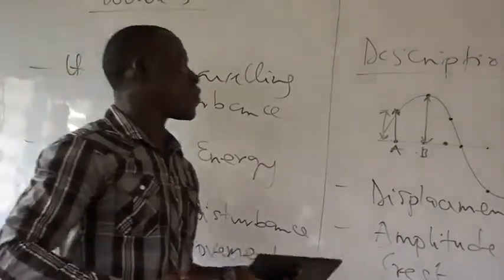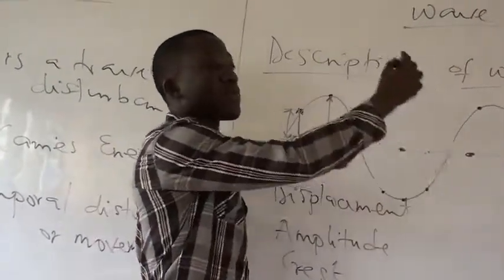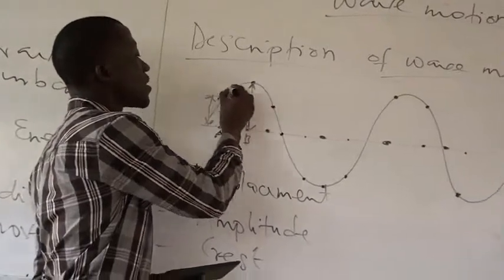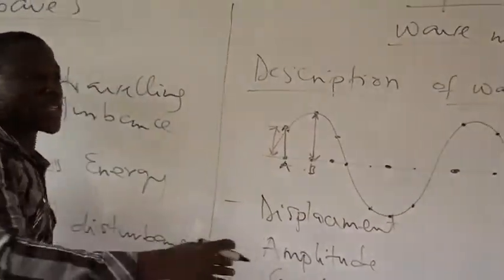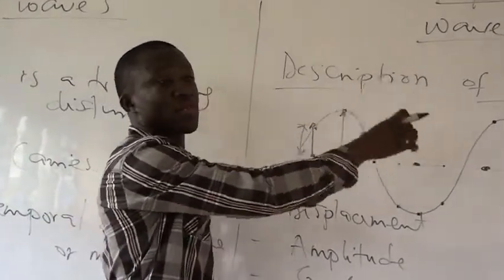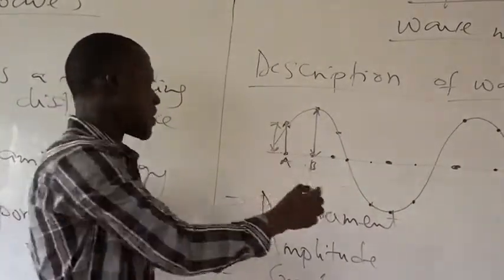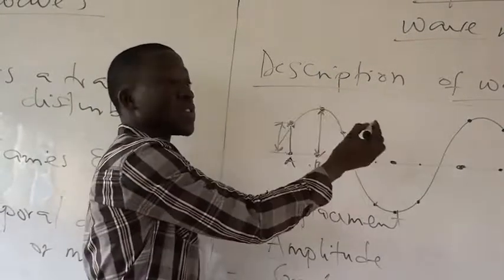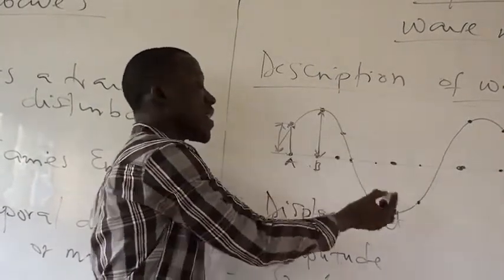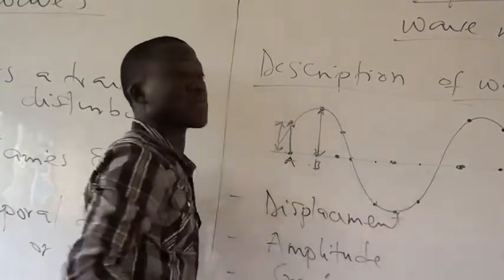Now basically, if you look at the particles along the wave, they migrate along the wave. So the particles have their own positions along the wave. Particle A will come to this position. Particle B will come to this position. This particle will remain here. This particle will migrate to this position.